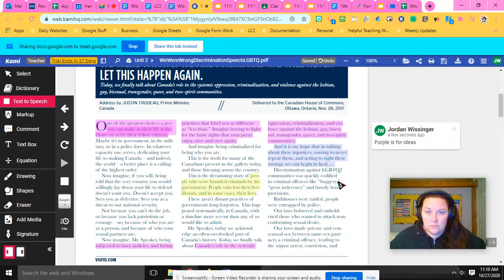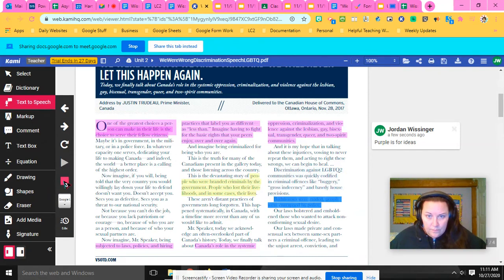And it is my hope that in talking about these injustices, trying to never repeat them, and acting to right these wrongs, we can begin to heal. Discrimination against LGBTQ2 communities was quickly codified in criminal offenses like buggery, gross indecency, and bawdy house provisions.